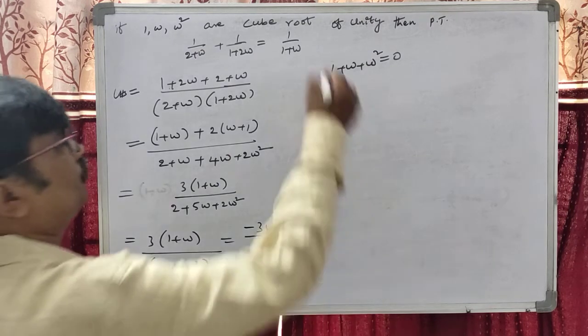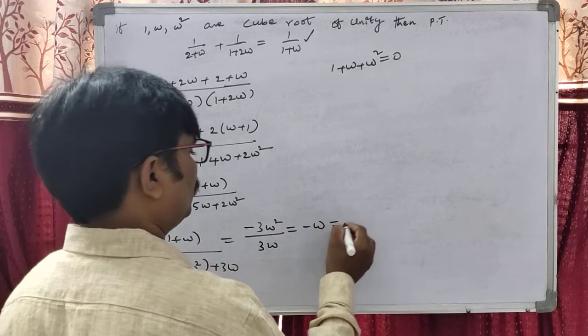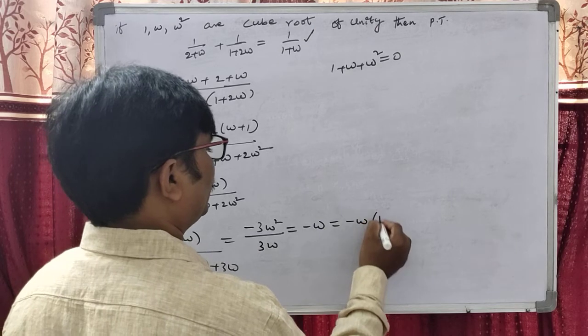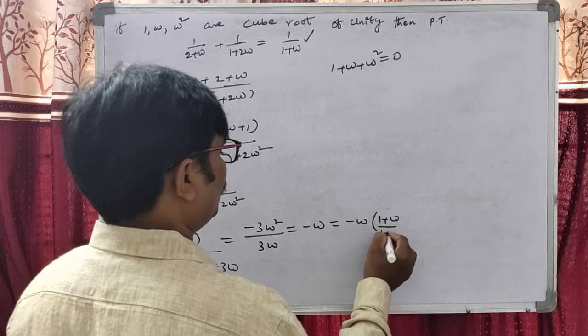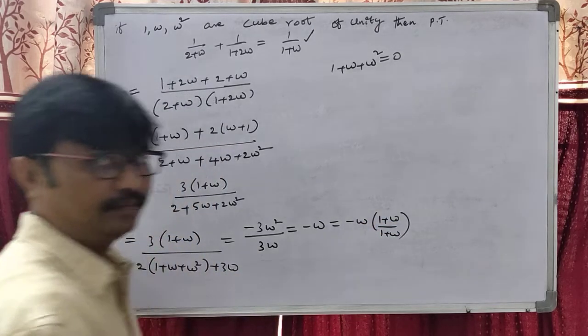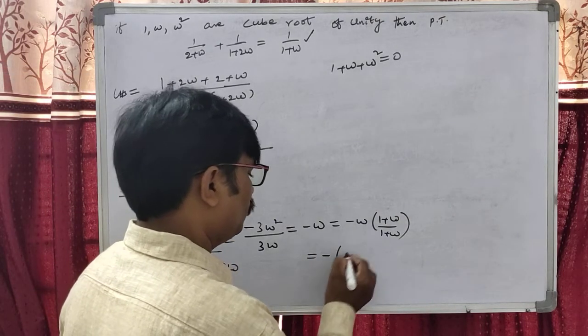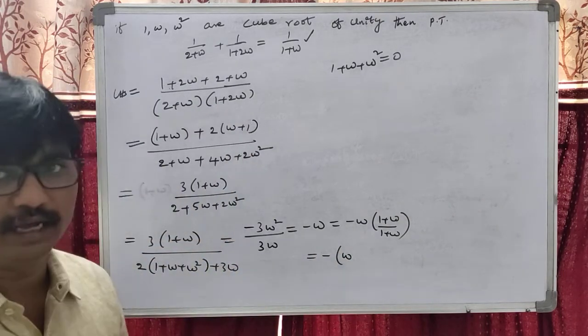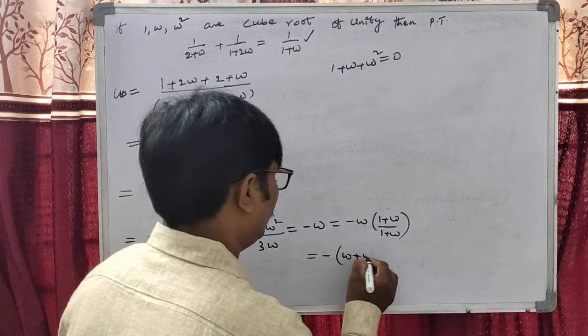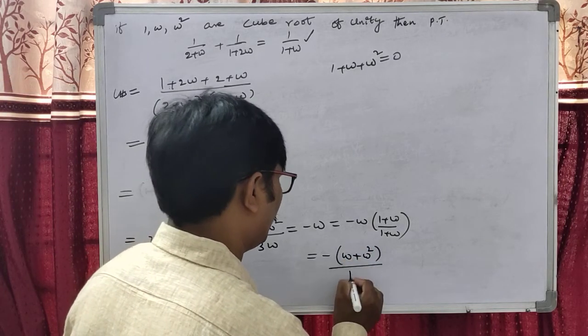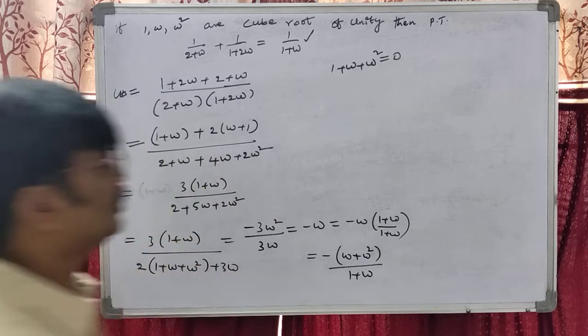After that we have to show this. So minus of omega, 1 plus omega by 1 plus omega. This can be written as minus of omega into 1 plus omega, omega into omega square upon 1 plus omega.